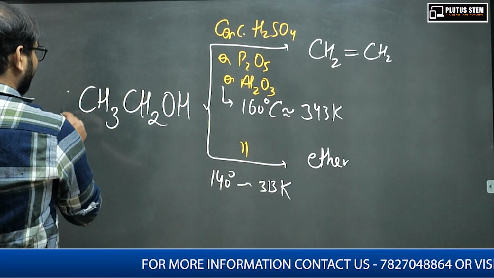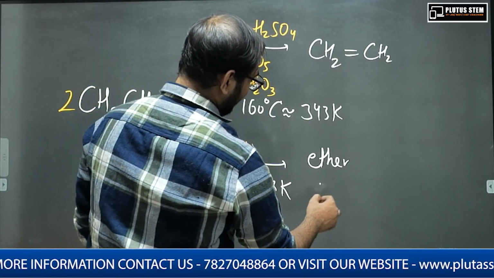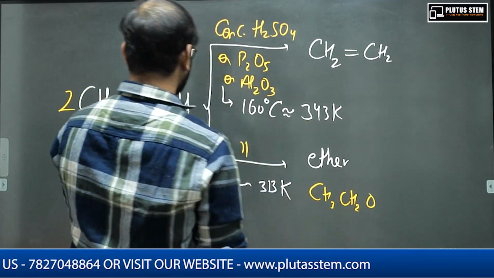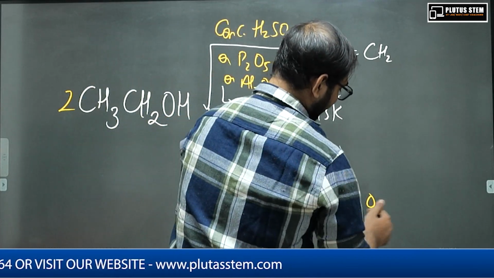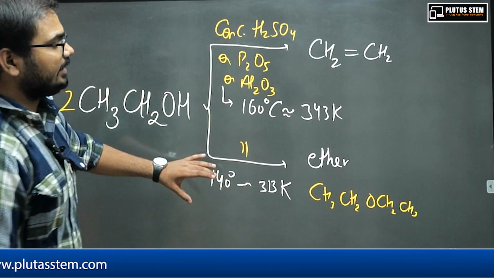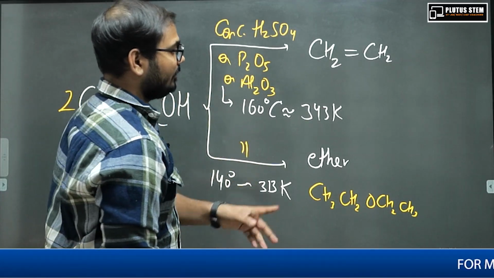In that, two alcohol molecules will take part in dehydration to give you ether, which is CH3CH2O, and the other portion will give you OH and leave, and this will be CH2CH3. So it is the temperature condition along with the reagent that you are applying to get different products.